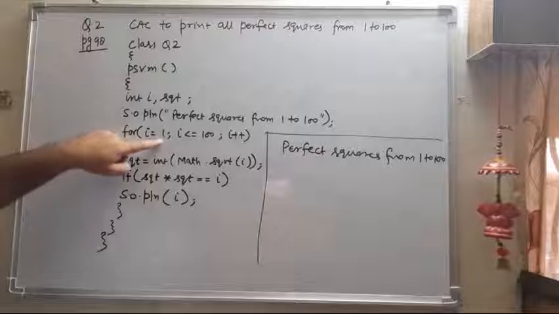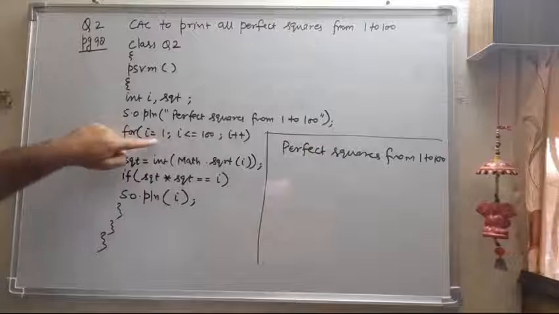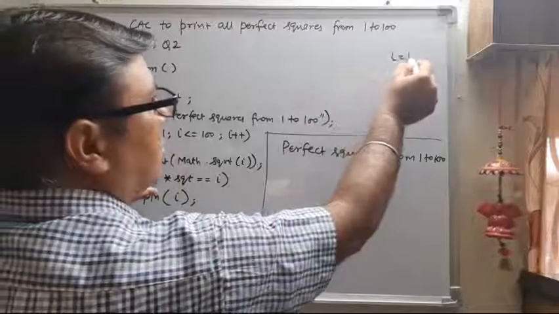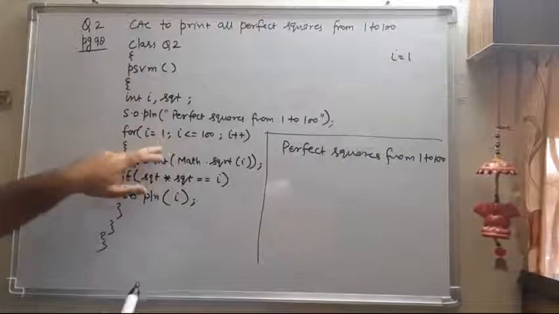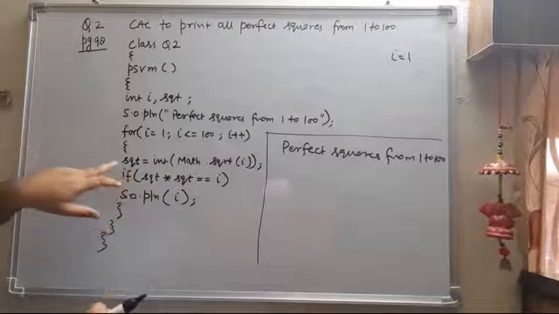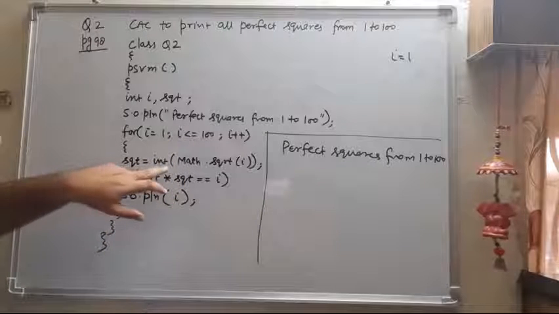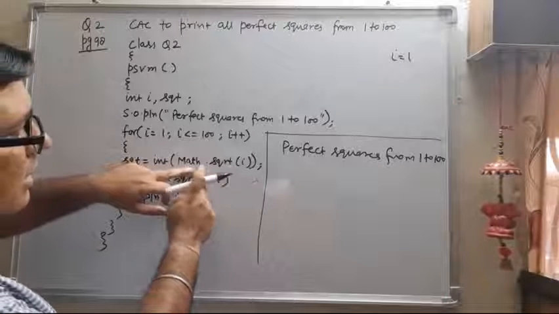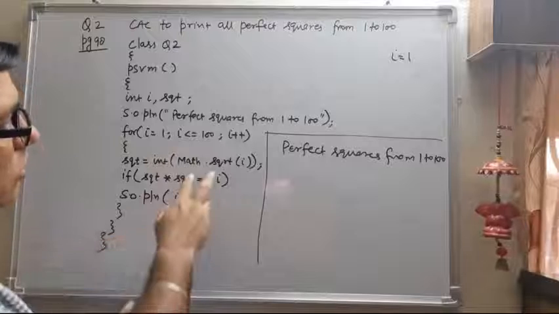The for loop is starting from here, 1 to 100. So first of all, the value of i is 1. That is, the number is 1, and it will come down and find the sqt, that is the square root. How will it find the square root? Math.sqrt is a function which finds the square root of a number.